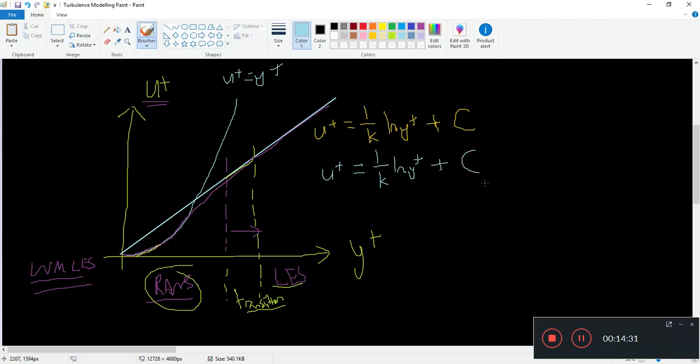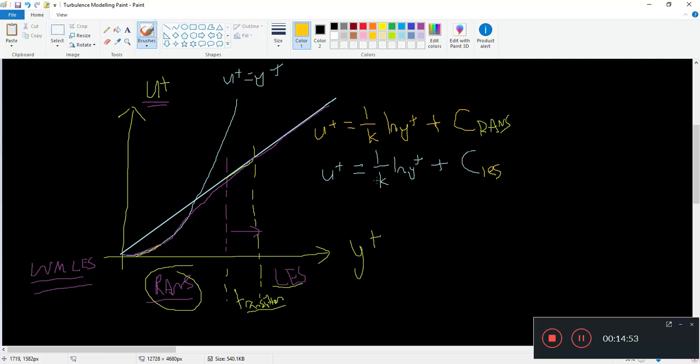However, the constant here we call C2, and in the Reynolds averaged Navier-Stokes part it'll be C1. So I'll put RANS here and LES here.